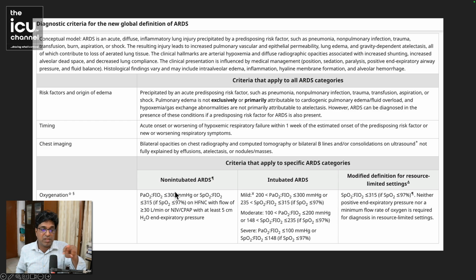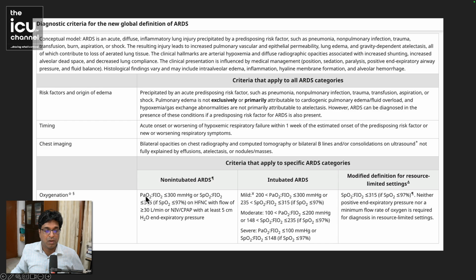And the other thing included in this category, along with PaO2/FiO2, is that you can now use the SpO2/FiO2 ratio. But remember, for taking the SpO2/FiO2 ratio, you need to make sure that the saturation is less than 97%. If it is more than 97%, 98, 99, then this is not ARDS. The patient saturation has fallen below 97%, and then we take the SpO2/FiO2 ratio.